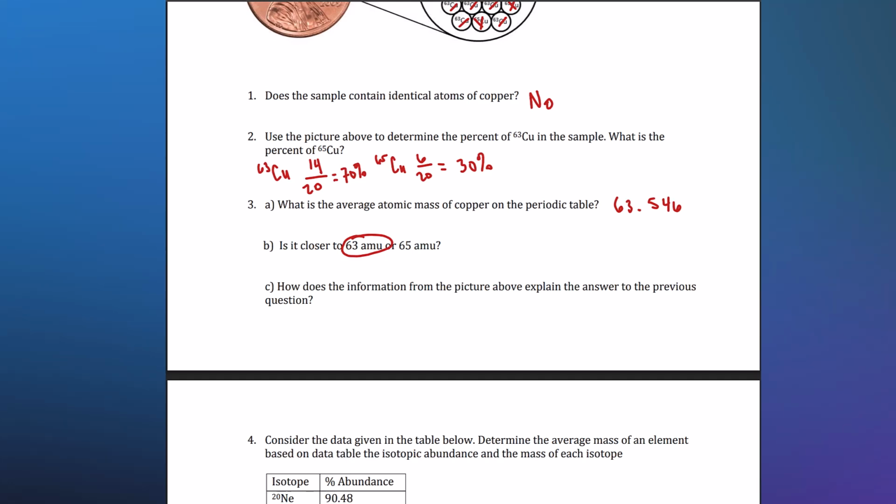And it should say yes, it makes sense, because copper 63 is more abundant. So 70% of the time you're going to have copper 63. So it makes sense that the average atomic mass is going to be closer to that number.